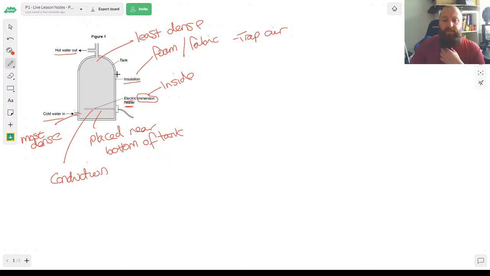Because if we can keep cold air around the outside and hot air and hot water inside, as long as we've got this temperature difference, we're going to be getting heat moving from inside to outside. So if we can trap this air and stop it leaving, we're going to be keeping hot air around the outside as well, which means we're going to be reducing the temperature difference, which means we're going to reduce the rate that heat is lost out of that tank.